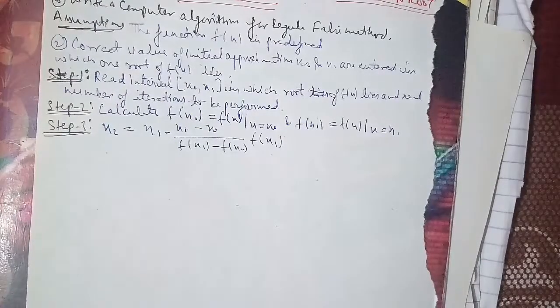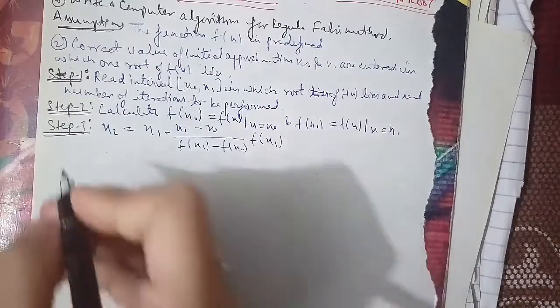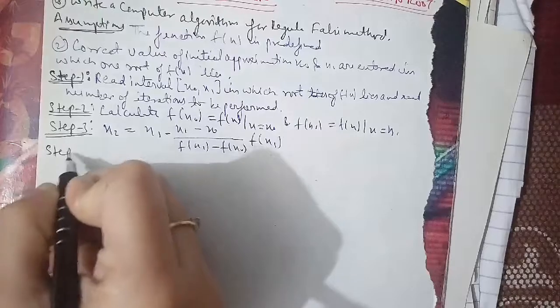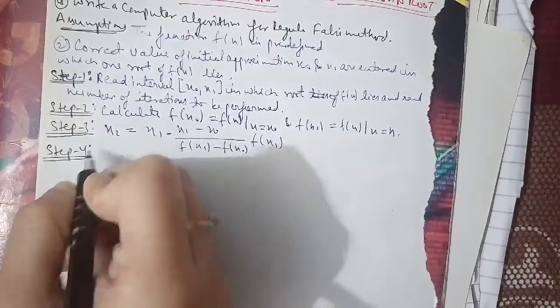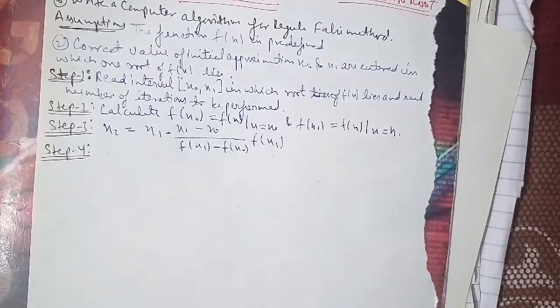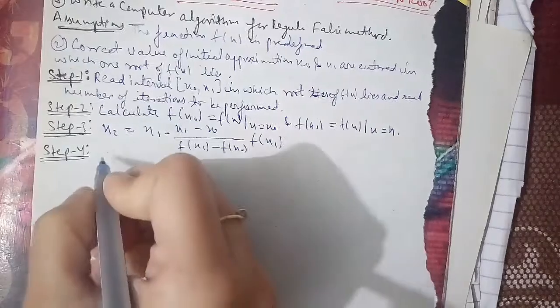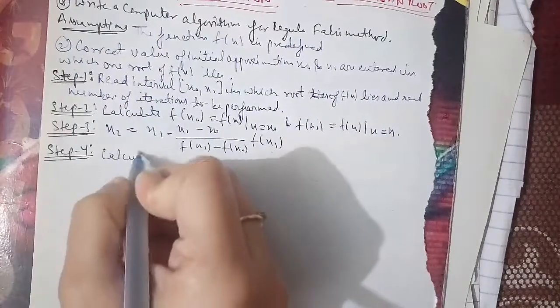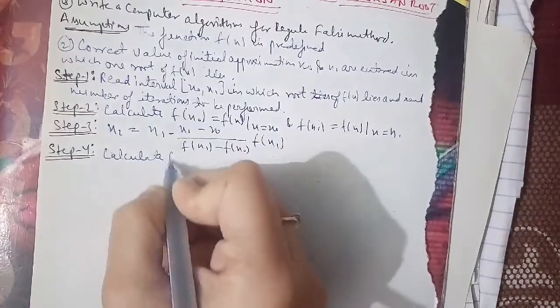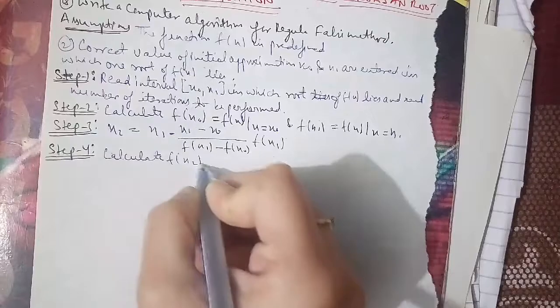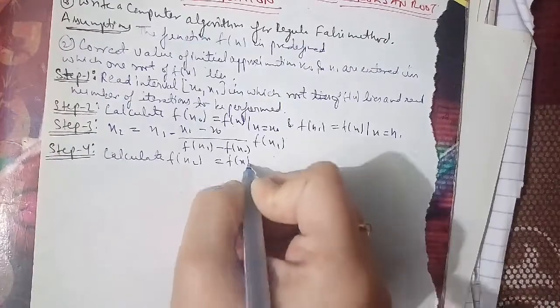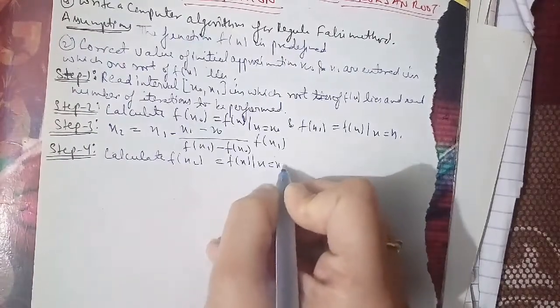Now for step 4, we need to calculate f2 equals f(x) where x equals x2.